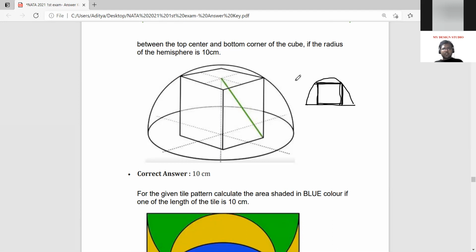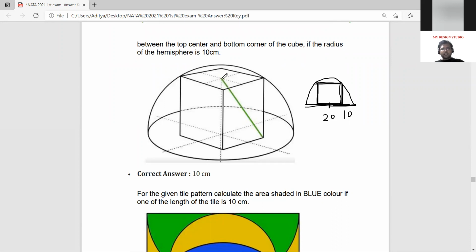So what is given here, the radius of the base is given for the hemisphere. That is, this is 10. So this whole thing becomes 20 for us. Now the need is to find the size of this square. Once we find the size of this square, basically we get the size of the cube.